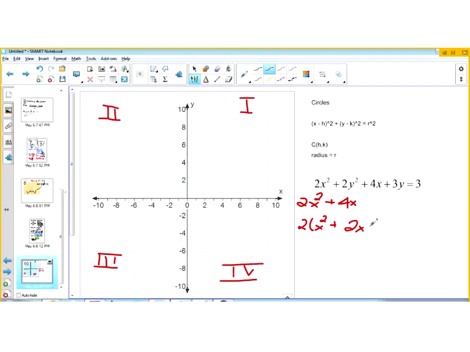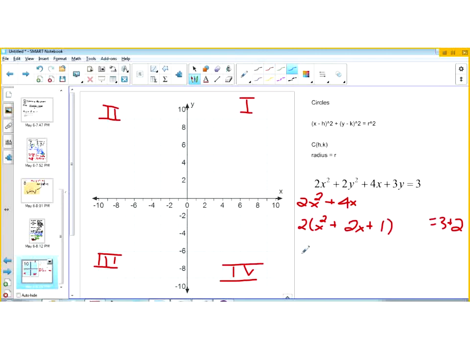So this would be 2 times (x squared plus 2x). Then we take 1/2 the coefficient on x, which is 2. 1/2 of 2 is 1, and then we square the 1. So we have 1, which means we've added 2 to our equation. So the right-hand side would be 3 plus 2.